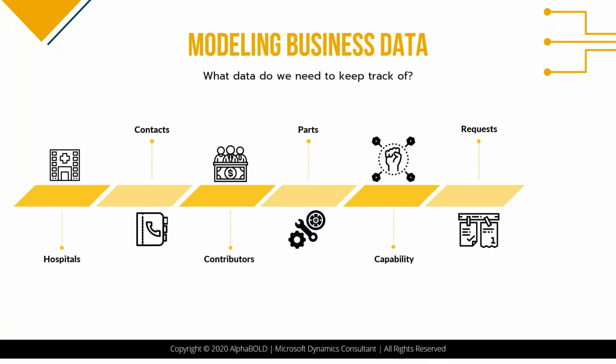Our requests. So we have our hospitals, we have our parts, so we need to determine what parts those hospitals need. And finally, fulfillment. A hospital has created a request, a contributor can print a part, but to fill that request, we need to keep track of who has filled what request.